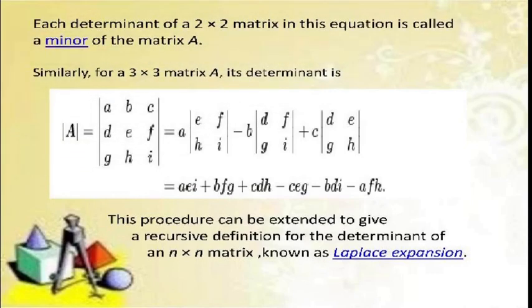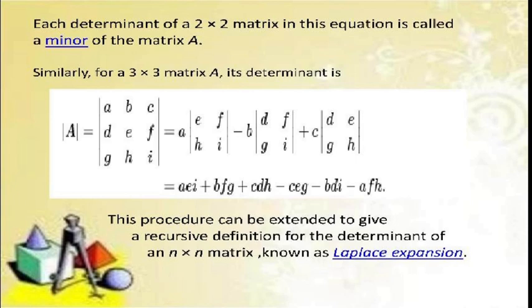Similarly, for a 3 by 3 matrix, its determinant is a times the determinant of (e f; h i) minus b times the determinant of (d f; g i) plus c times the determinant of (d e; g h), which is equal to aei plus bfg plus cdh minus ceg minus bdi minus afh.